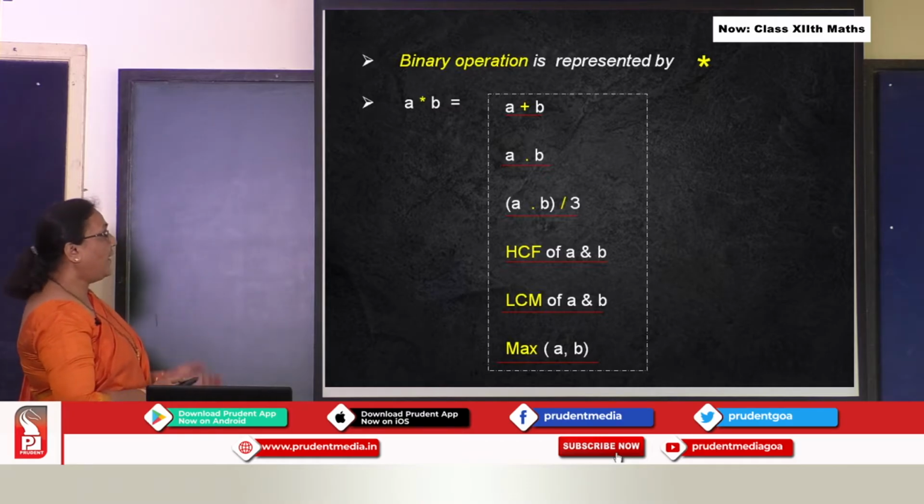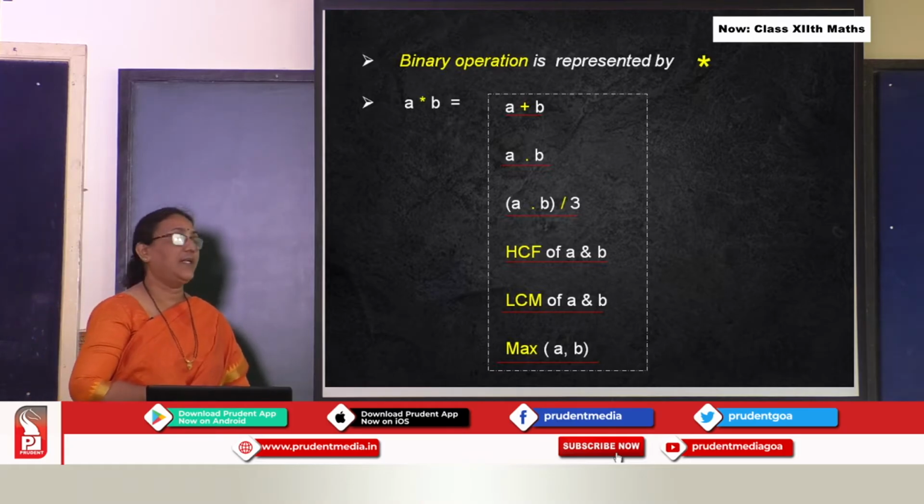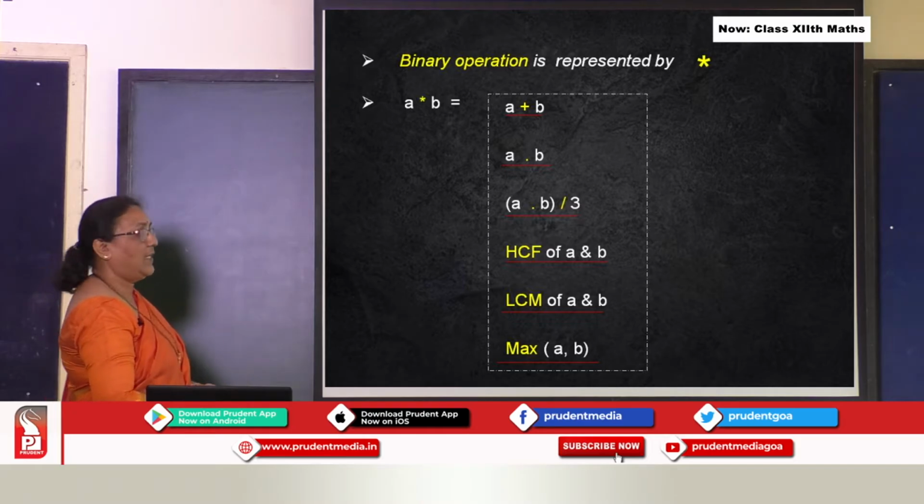It can be A square plus B square, or A square minus B square. So the star operation can be anything.